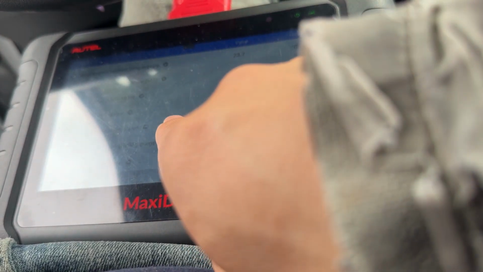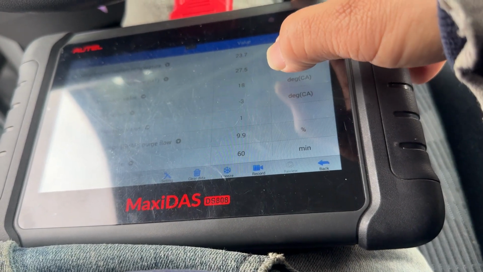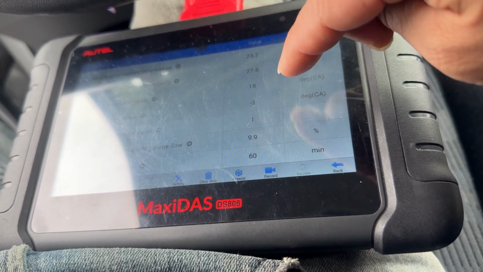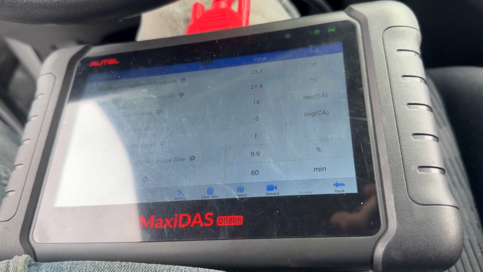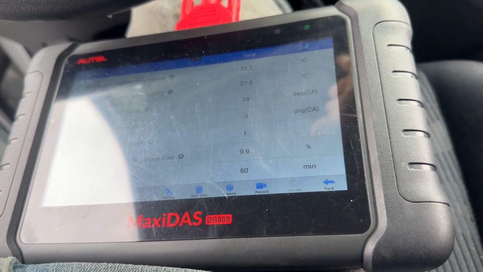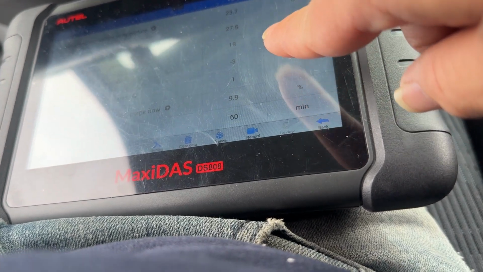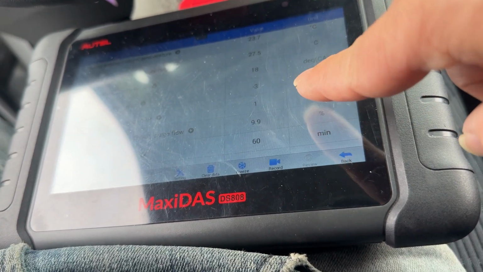The knock sensor has a knock value of -3, trying to bring something back, so the correct knock is 18. I don't know these values, but there's a sensor that tells if the car is misfiring, so it's shaking, and the computer is compensating for that a little bit. Correct knock, correct learn value 18.